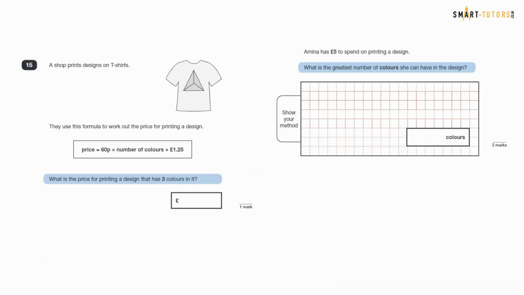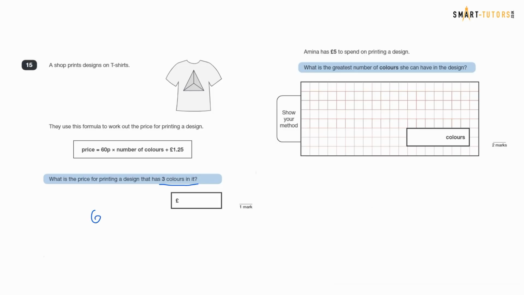A shop prints designs on t-shirts. They use this formula to work out the price of printing a design. Price is equal to 60p times the number of colors plus 1.25. What is the price for printing a design that has 3 colors in it?